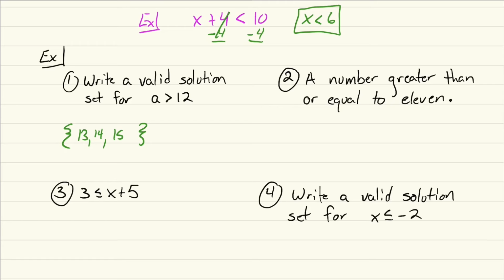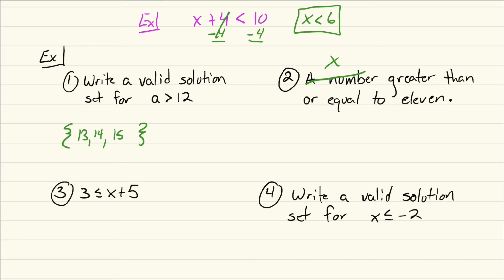All right, moving on to number 2. It says a number greater than or equal to 11. So this goes back to how to write equations and write math statements from English sentences. Just as we've done before, we just take different parts and replace them with our math. So a number, we've already talked about this. Anytime we see a number, we're just going to assign that a variable.